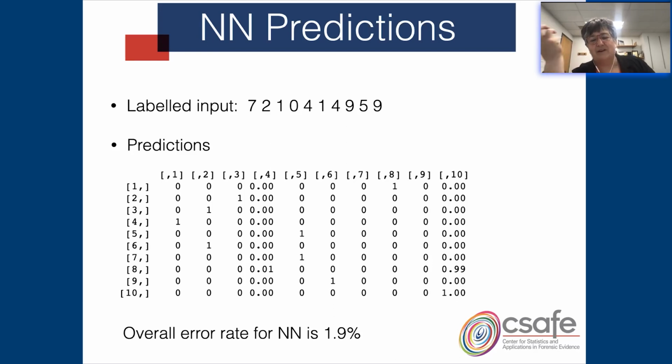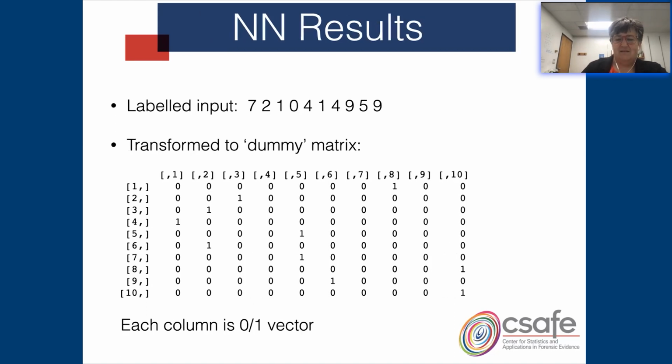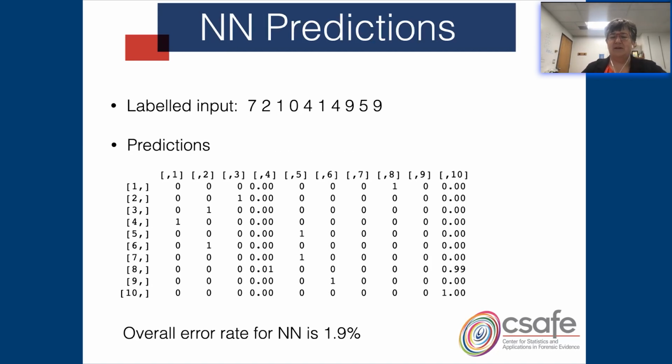Our predictions are very close to the actual data. There's a little bit of uncertainty of whether image number 8 is a 4 or a 9. There's a 1% chance that it might be a 4, but a 99% chance that it's a 9. So the overall error rate for the neural network that we fit is 1.9%.